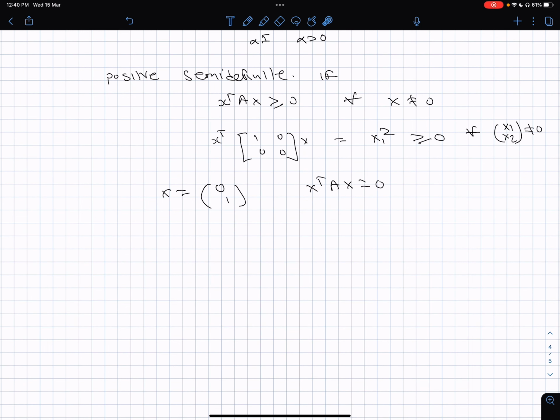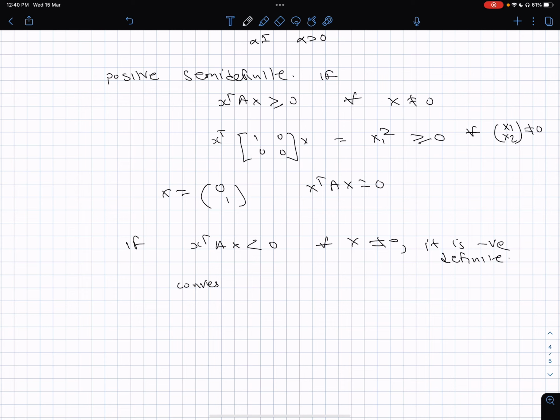Now, if x transpose Ax is strictly less than 0 for all x not equal to 0, we call it a negative definite matrix.